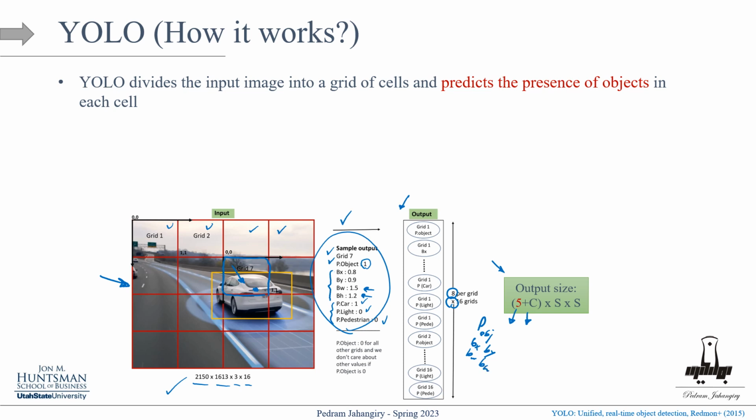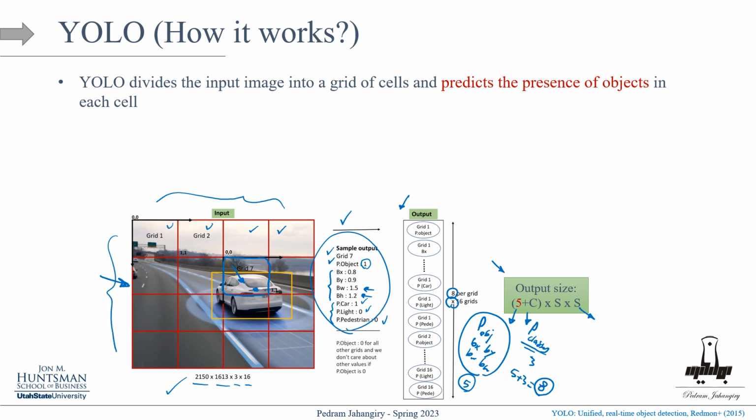So here, this is your 5 numbers. And C is the number of classes. These are the probability of classes. So here we are dealing with a 3-class classification problem, either car, light, or pedestrian. So this is 3. So that's where the 5 plus 3 is coming from, 8. And S basically is the size of your grid. We have 4 by 4, right? So 4 grid here, 4 grid here.